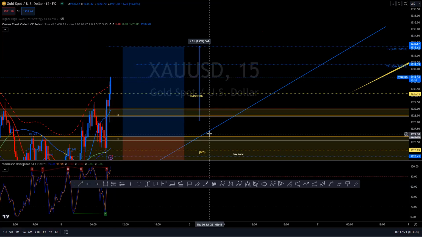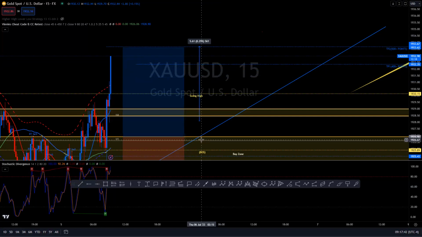Well, I'm going to look at this one to buy. Should have waited, but let's see if we can get this one. I should have waited. Price is buying up. Looks like it's going to hit my TP.